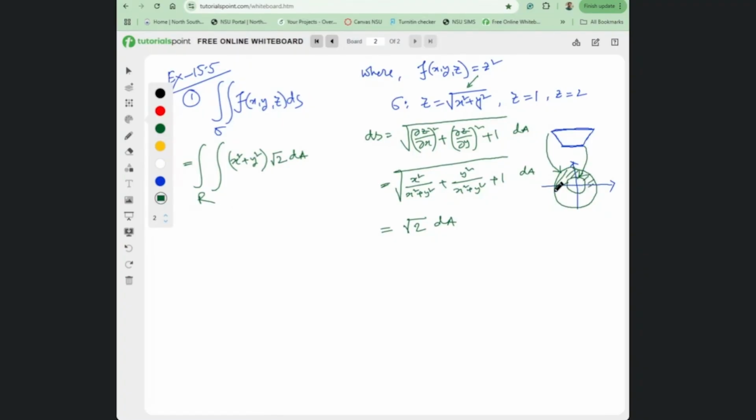If we transform it into polar coordinates, this will be r square, r dr d theta. r will be ranging from 1 to 2, theta from 0 to 2 pi.